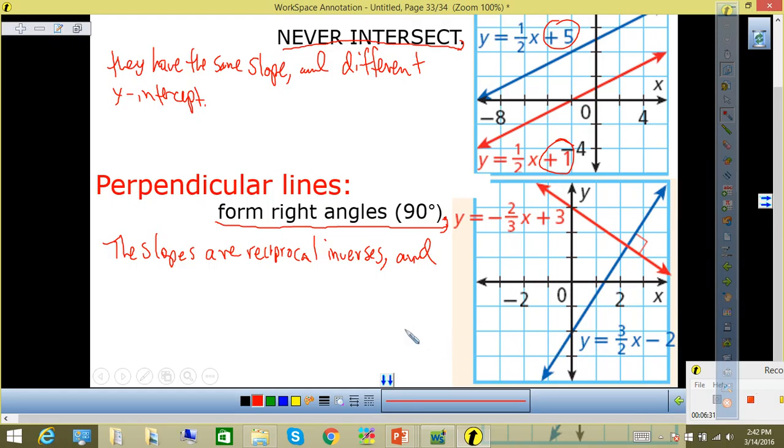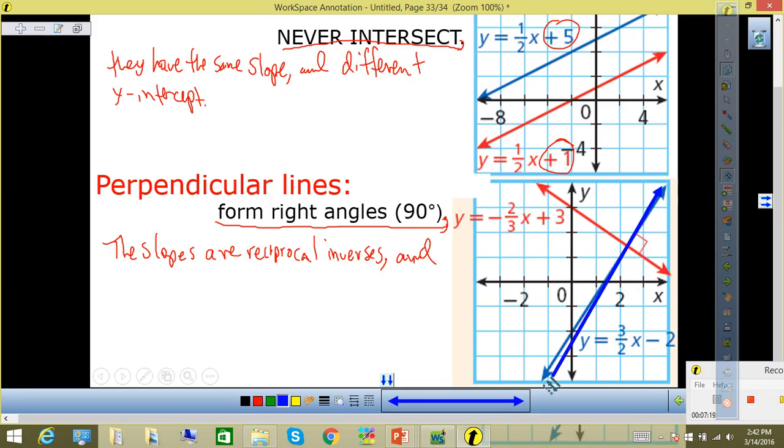What else? Luis. They have different y-intercepts. However, before you write anything else, look up. What if I did this? Right now, the y-intercept on this one is 1, 2, 3. It's 3, right? The y-intercept for this one is 1, 2, -2.